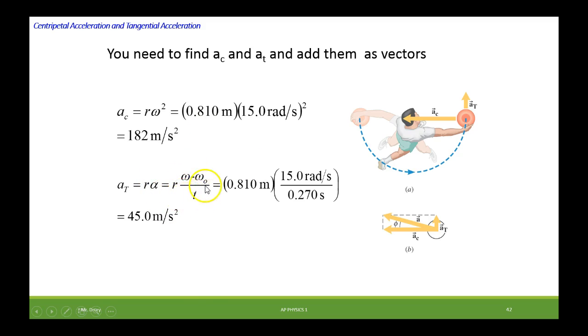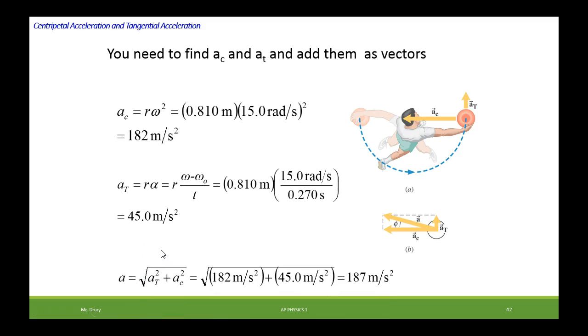So another way of writing angular acceleration would be the change in angular velocity over time, and that's what we did here. We come up with 45.0 meters per second squared. And now to find the total acceleration, we would add the two together as vectors, which you are all well aware of how to do at this point.